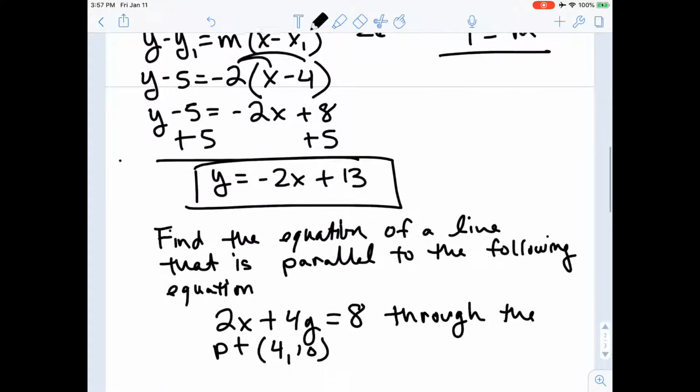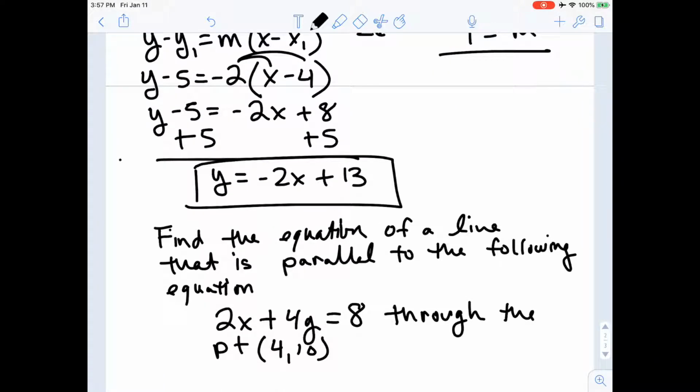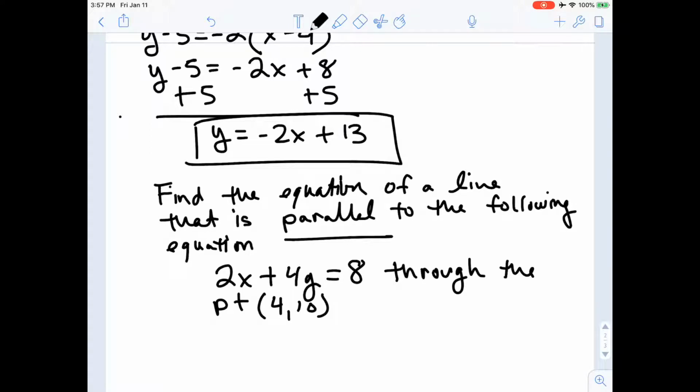Now, the last one says find the equation of the line that is parallel to the following equation. So we know parallel means the slope is the same. Now, if you look at this one, as opposed to the last two, you'll notice something's a little different. What they've done is put it in what's called standard form.